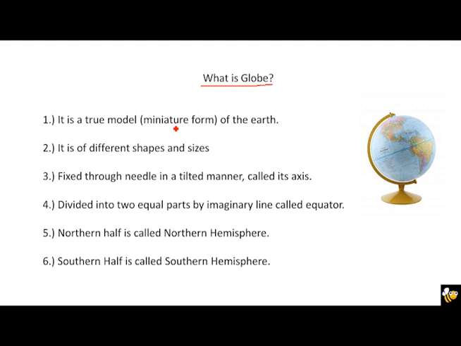That is, Earth is round in shape, that is spherical, and to show that it is somewhat tilted on its axis, we have the axis also on the globe, which we have fixed through a needle, and it is in a tilted manner. And we also have different characteristics, such that globes are of different shapes and sizes. And the third point is that it is fixed through a needle in a tilted manner, called its axis.